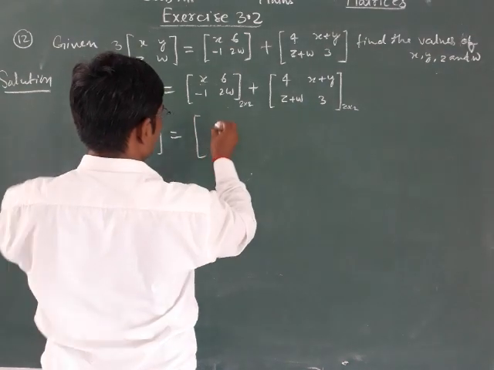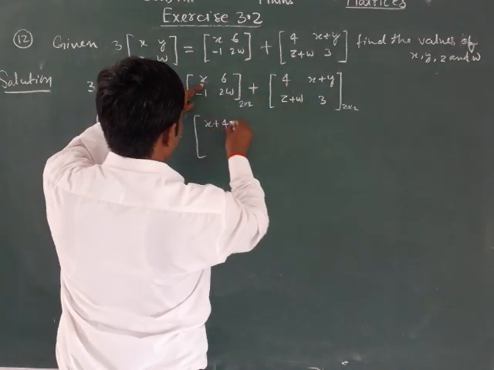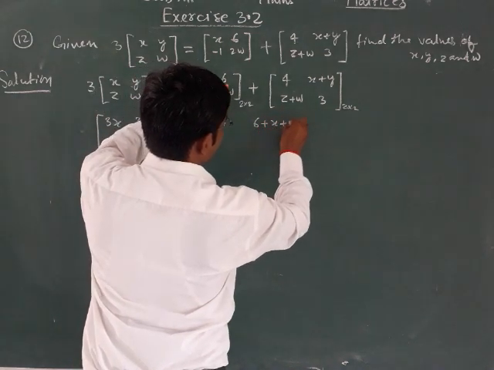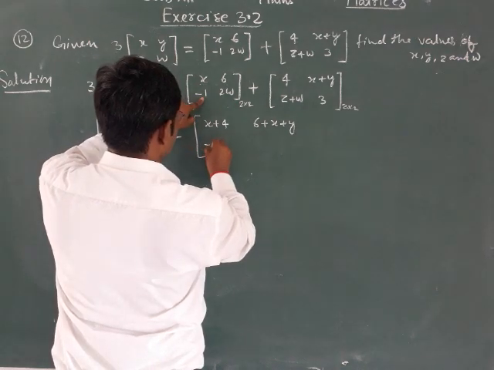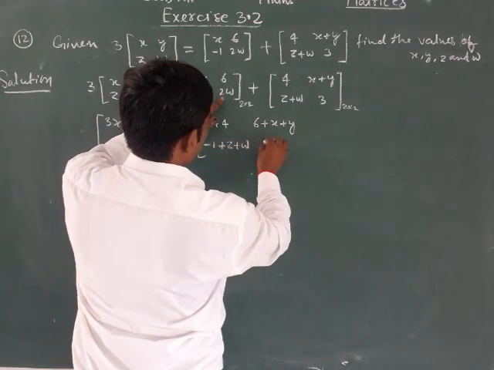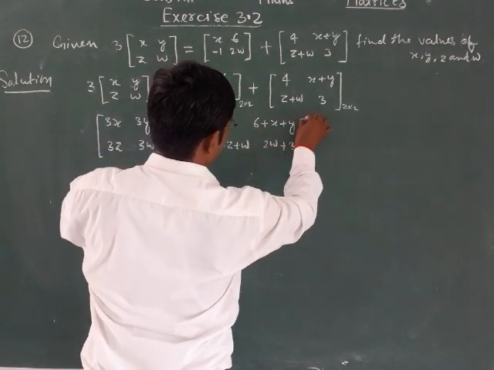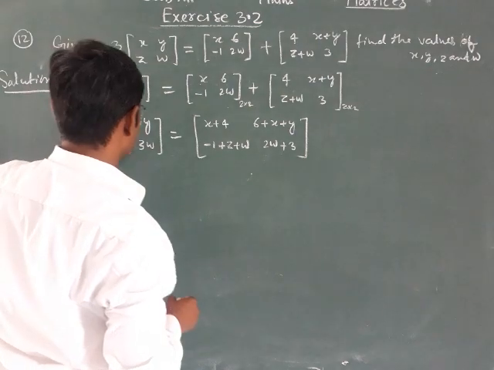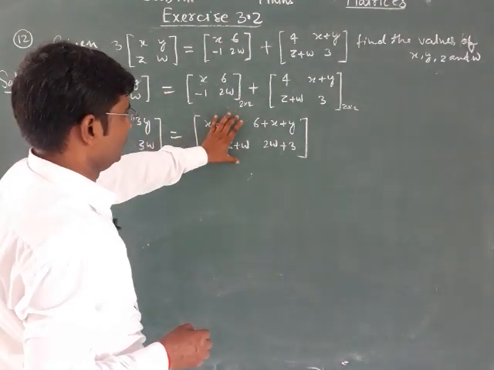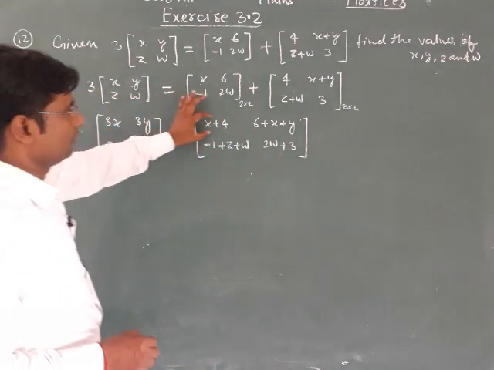The new matrix is x plus 4, 6 plus x plus y, minus 1 plus z plus w, and 2w plus 3. Both are of the same order. By equality of matrices, corresponding elements are equal.